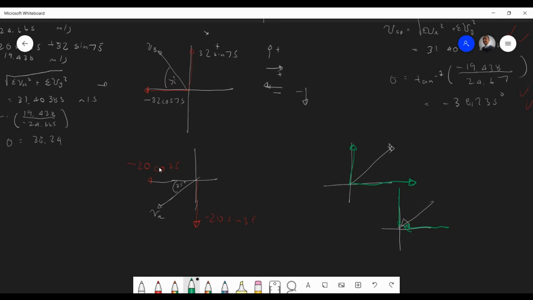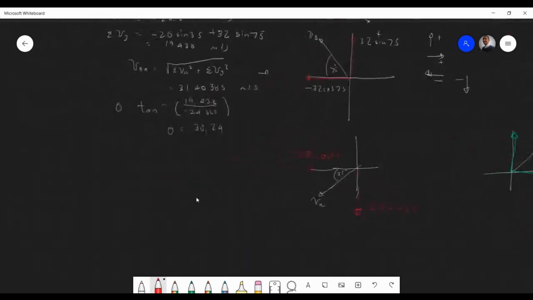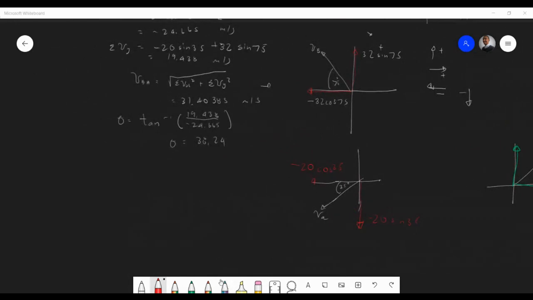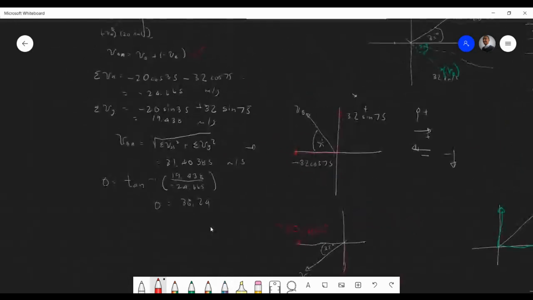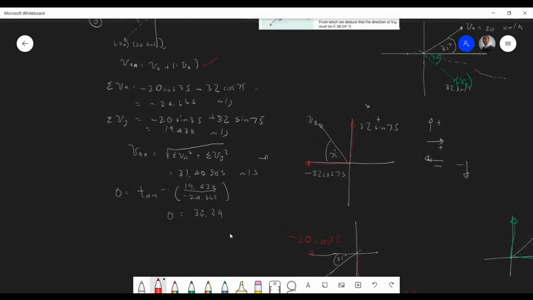Because if you take the resultant of these two, 20 cos 35 plus minus 20 cos 35, you exactly get the 20. Okay, cool. So what angle did we get? The directions are confusing. I hope that cleared some answers. Do you guys agree with my angle as well?